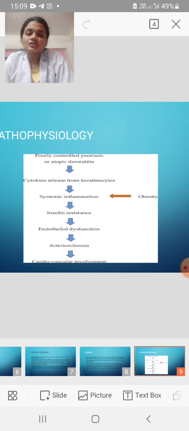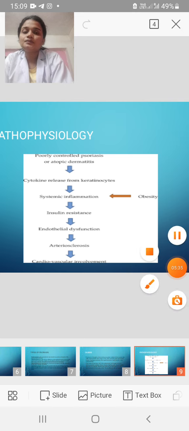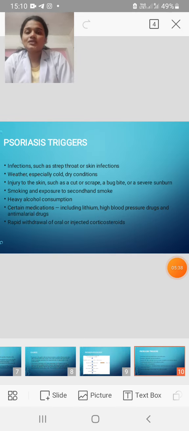insulin resistance, endothelial dysfunction, and increased cardiovascular risk. Psoriasis triggers include infections such as strep throat or skin infection, weather, especially cold, dry conditions, and injury to the skin, such as a cut or scrape, a bug bite, or a severe sunburn.